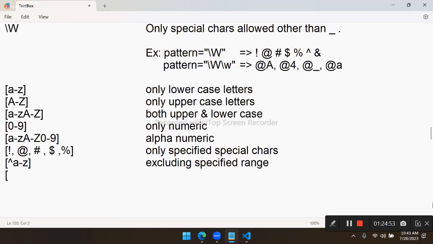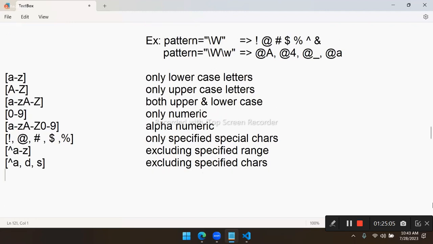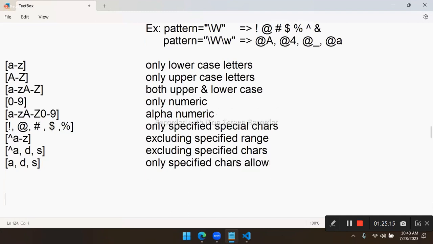So if I define like this, caret A, D, S, what does this mean? Excluding specified characters. Means other than these all are allowed. That means ADS, only specified characters allowed. Am I right?